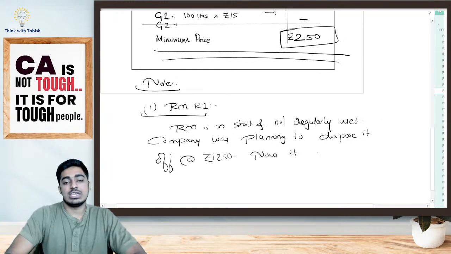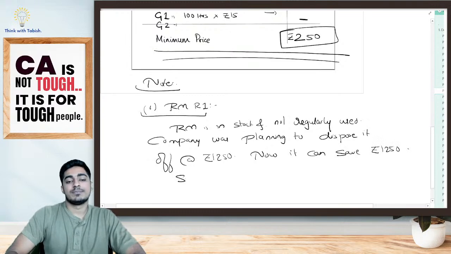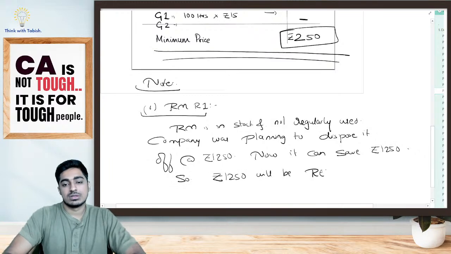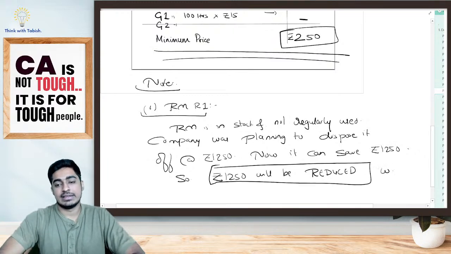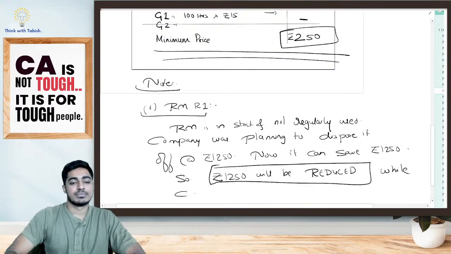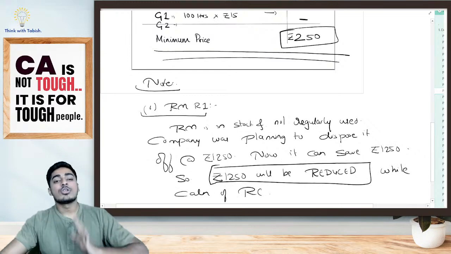Now it can save the 1250. So 1250 will be reduced while calculating relevant cost. Note number 1 for raw material R1.